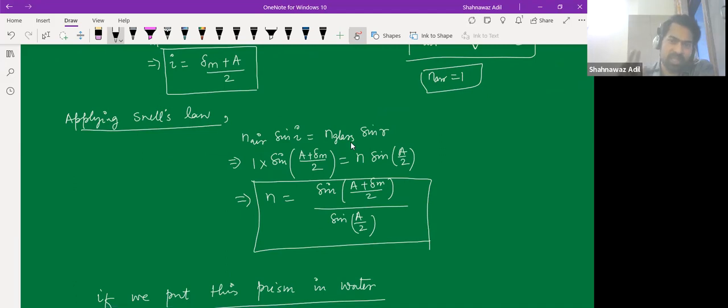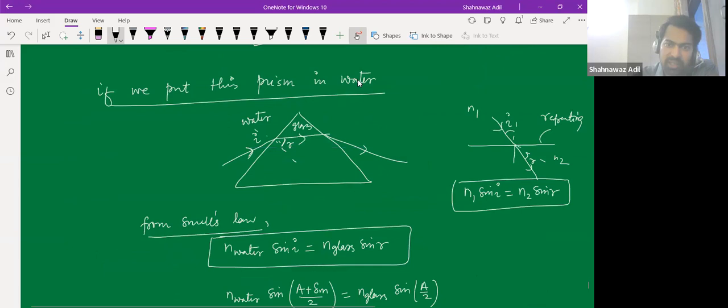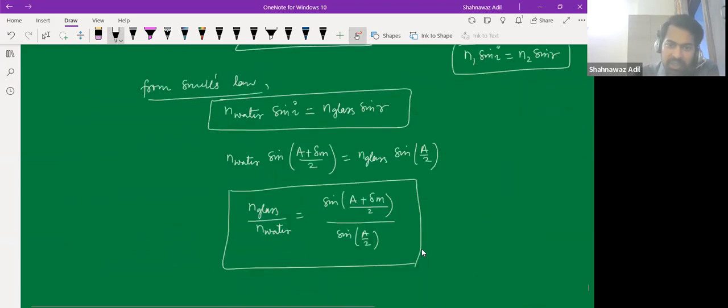So we got the refractive index of the glass by calculating the angle of prism that we know and by calculating the minimum deviation. So this we can calculate from the experiment. From observation, we can calculate the refractive index. But now if we have put this prism in water, then this would be the irradiation.